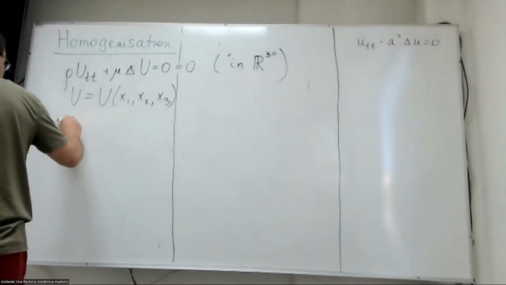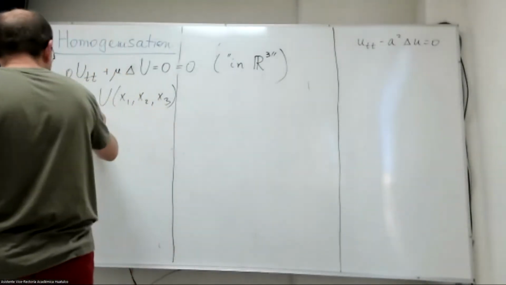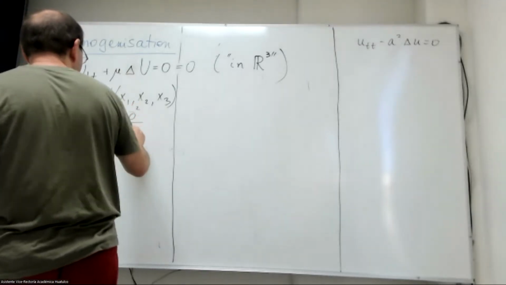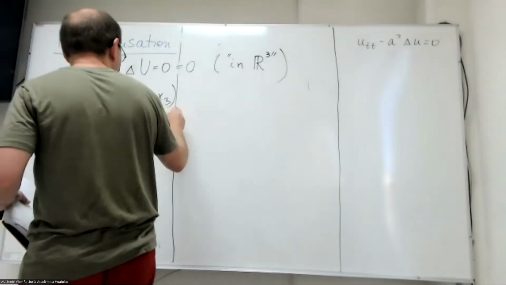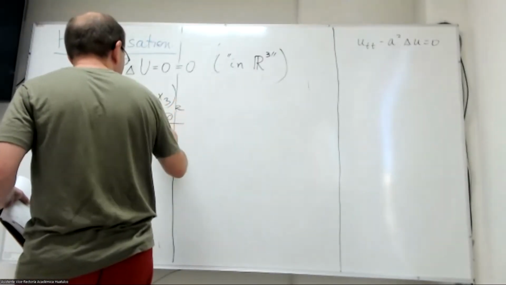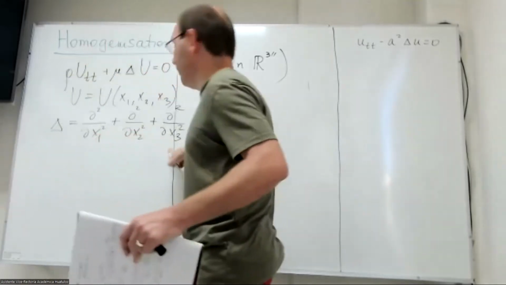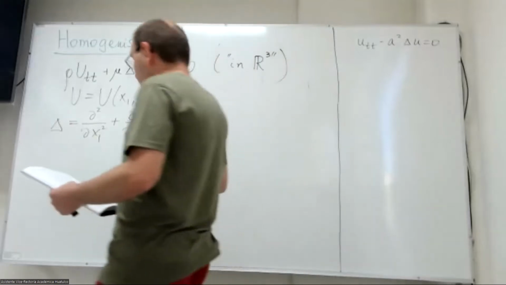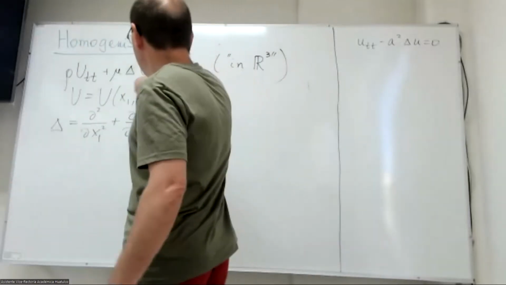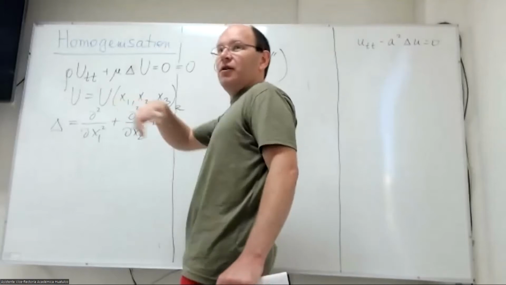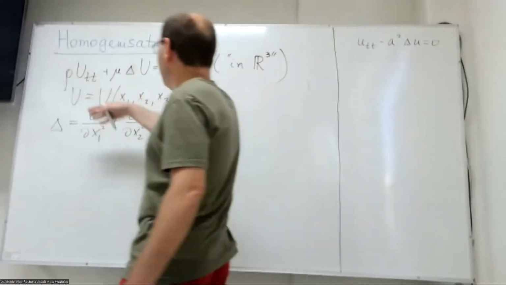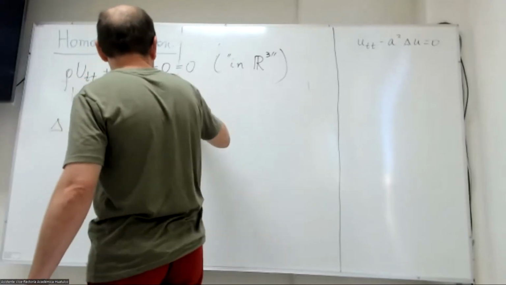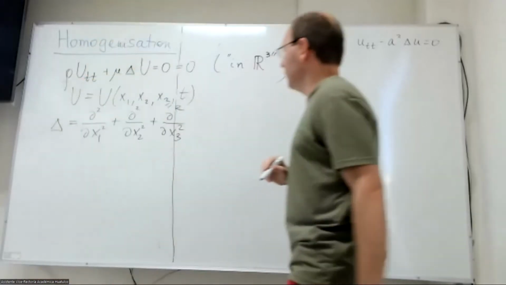So it's just a symbol for this differential operator, so that we don't have to write this every time. We just use this letter delta. Okay, so we're looking for a function capital U of 3 variables defined in the whole space that satisfies this equation. Oh, and it's a function of t as well. Okay, it's a function of time.